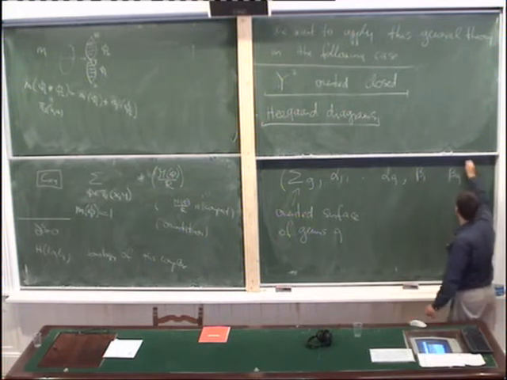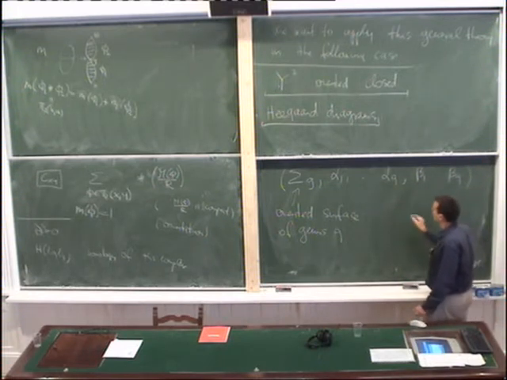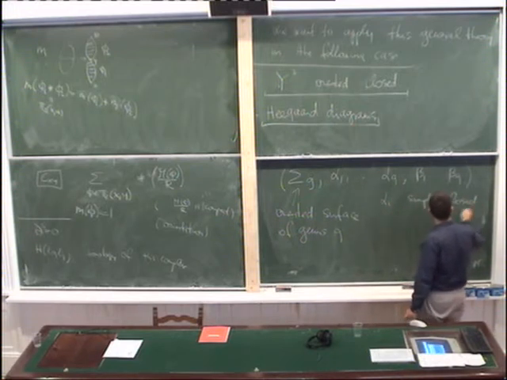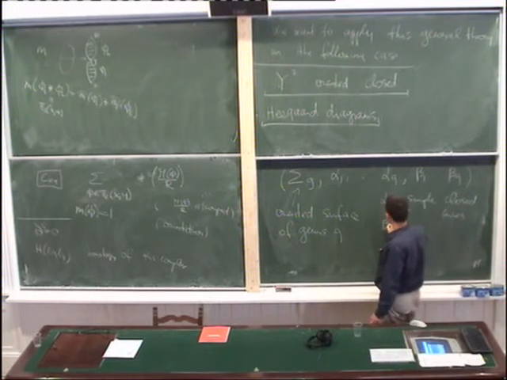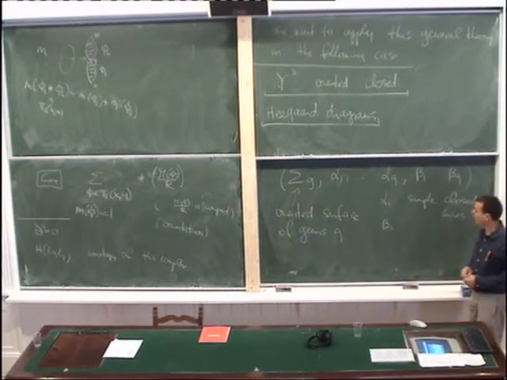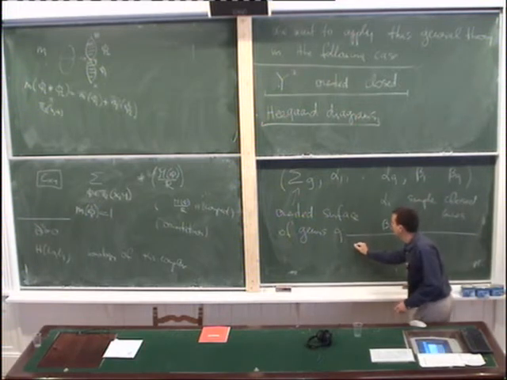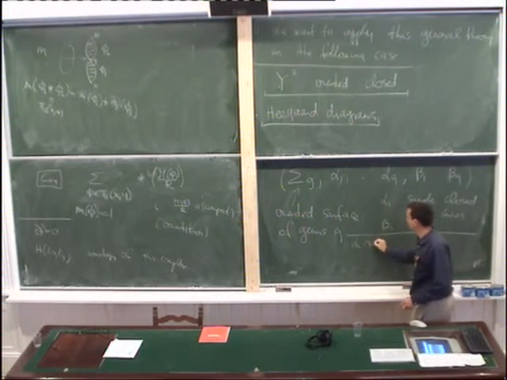So alpha i are simple closed curves, circles, and the same is true for beta i. And we need some extra conditions, and these are that the alpha circles are disjoint from each other.